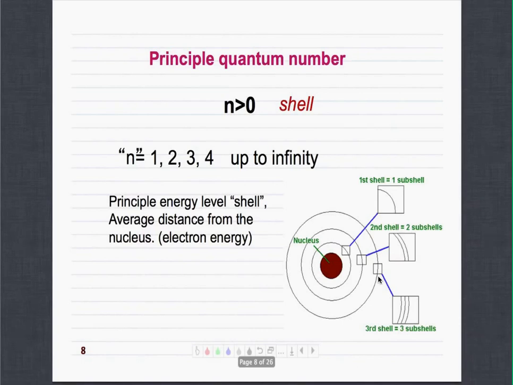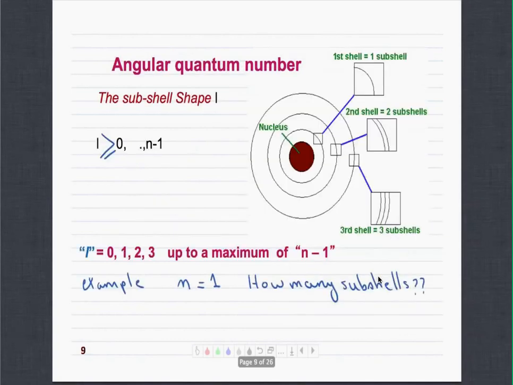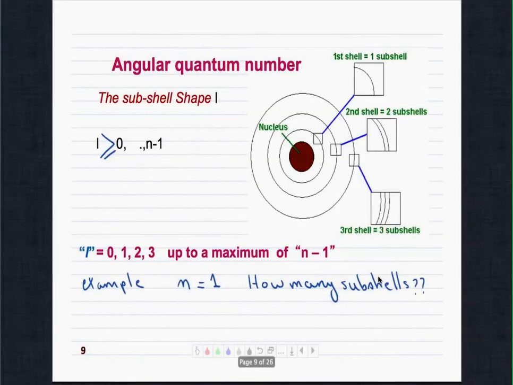Now let's talk about the second quantum number, which is l. From now on, l and ml are going to depend on each other. So l depends on n, and ml is going to depend on l. The l is the angular quantum number, and it represents the subshell shape. We said that n equals 1, n equals 2 are the shells. Inside each shell there is a subshell, and this is what l describes.